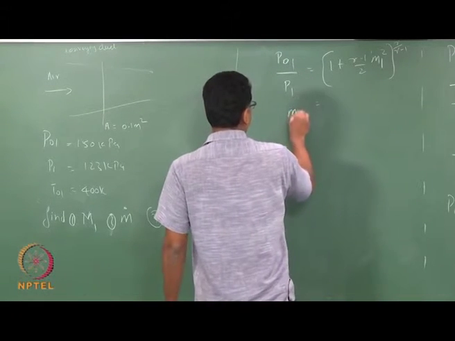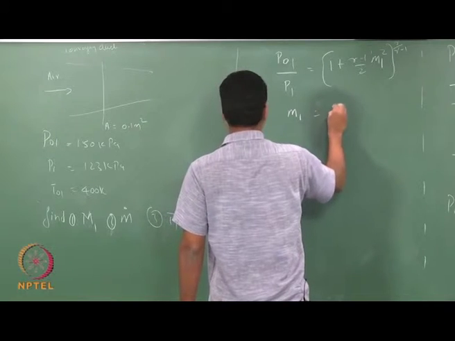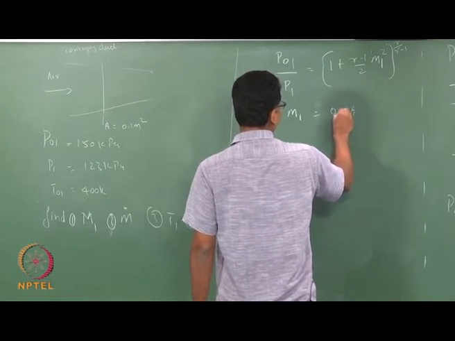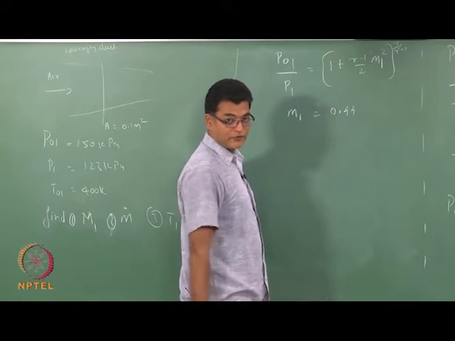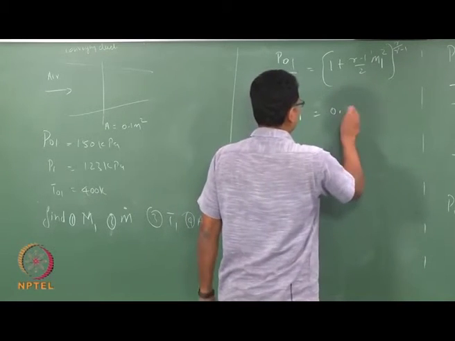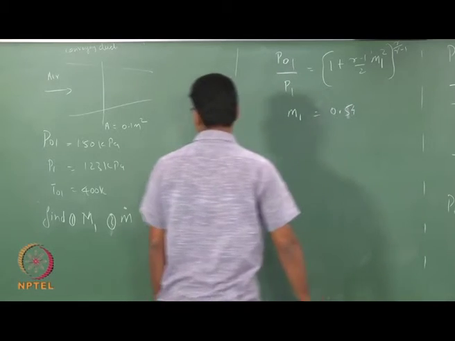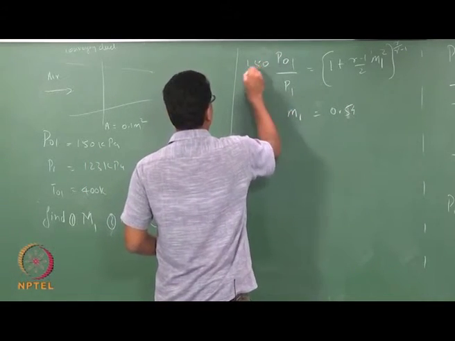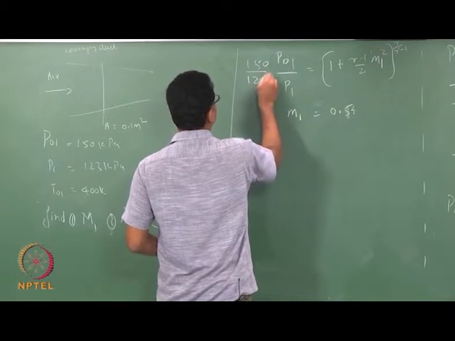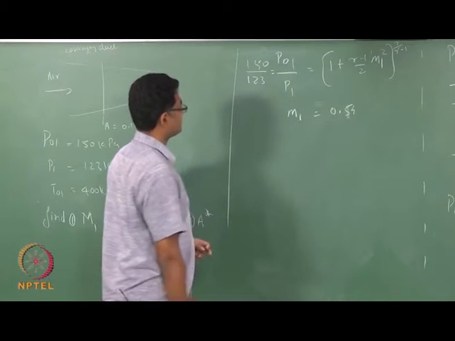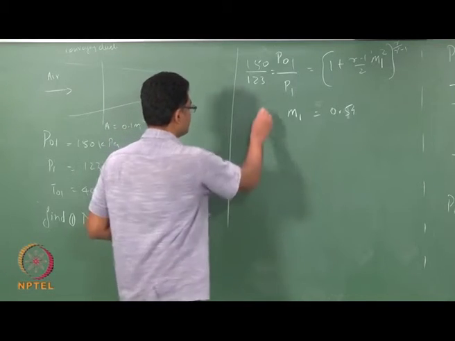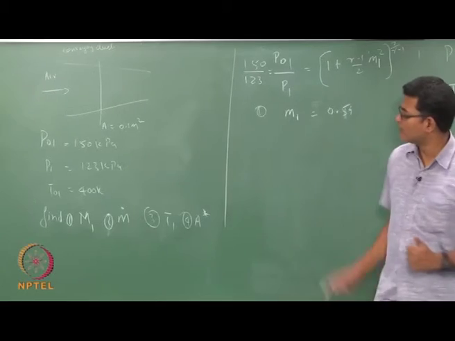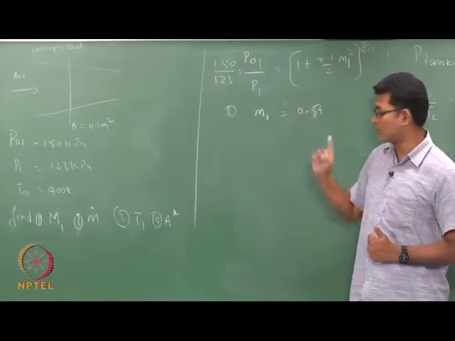So, your M1 you will get as 0.54, if I use P01 as 150 kilopascal divided by P1 as 123 kilopascal. So, that is the answer to the first question. At section 1 my Mach number is 0.54.